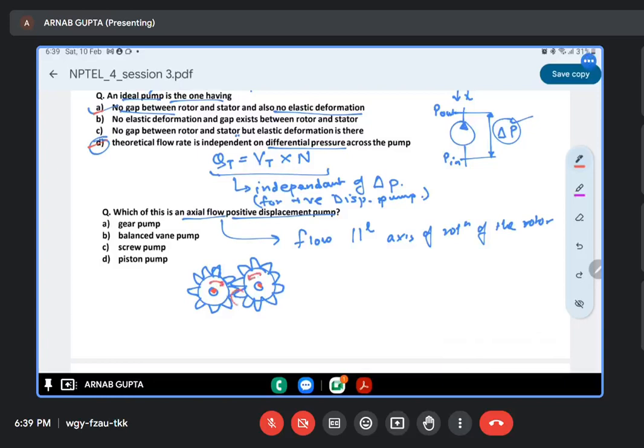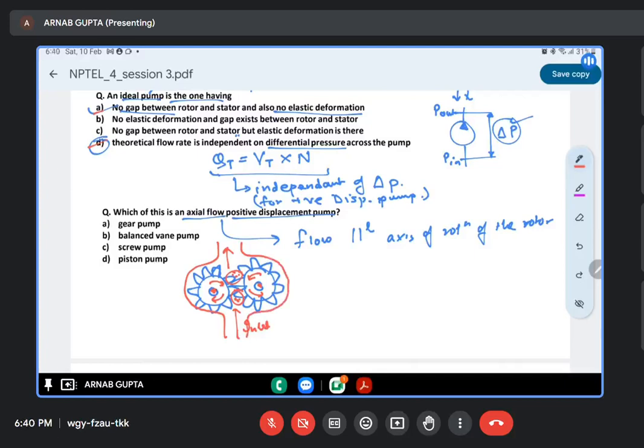So here at this portion, the unmeshing is taking place. The gears are going apart. So here the pressure will be less. So this is the inlet, and here meshing is taking place. So pressure will be more. So the outlet, and here you have a suitable housing, right?